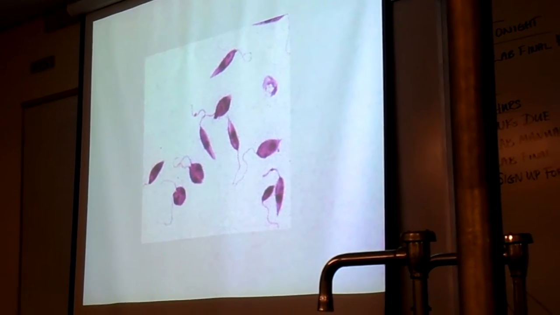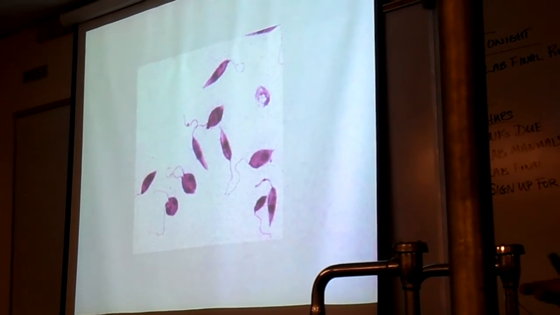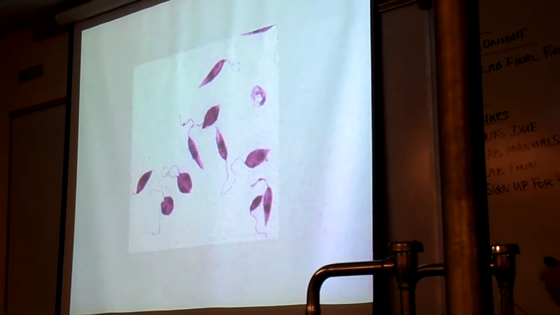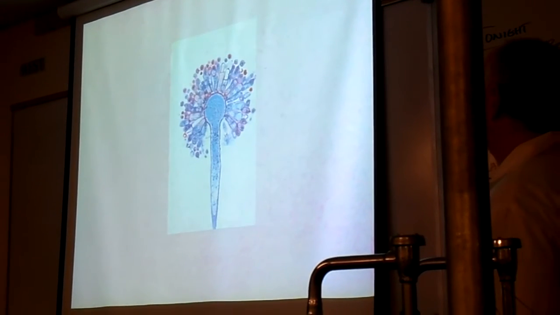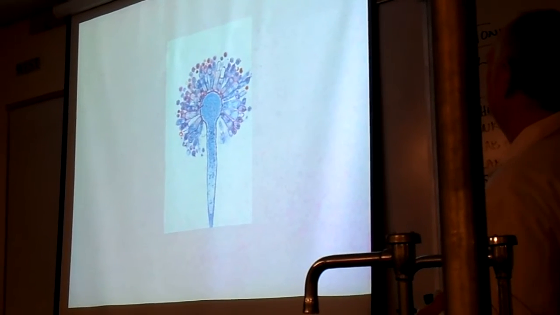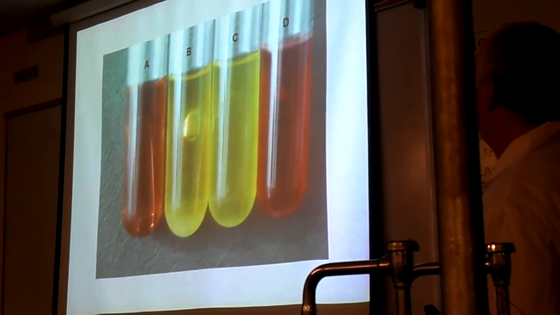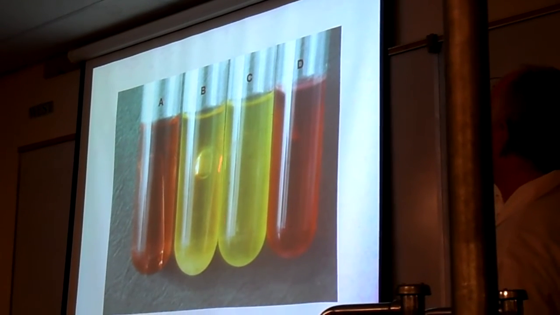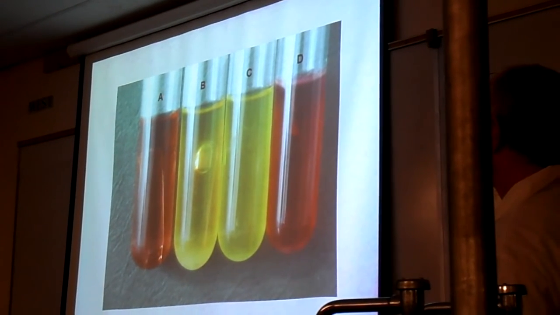Life cycle stage or form. Promastigote. Genus. Leishmania. How would someone contract that? Genus. Aspergillus. D, reaction. Negative. B, reaction.